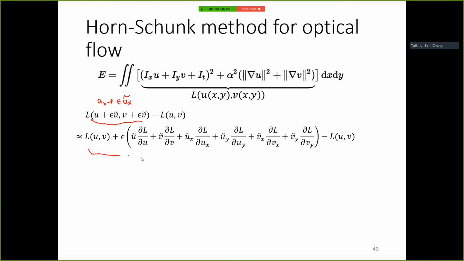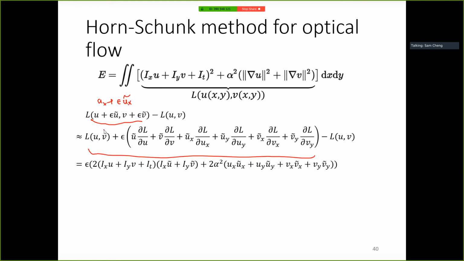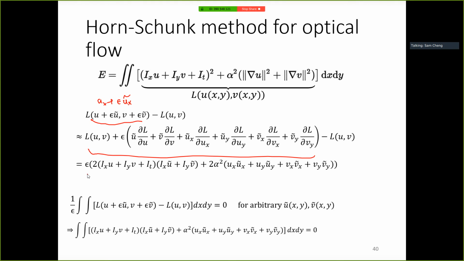Therefore the first order expansion is like this. And of course, I minus this guy, I can just cancel this, and then I want this over epsilon to go to 0. The epsilon gets cancelled here, so I have this going to 0.